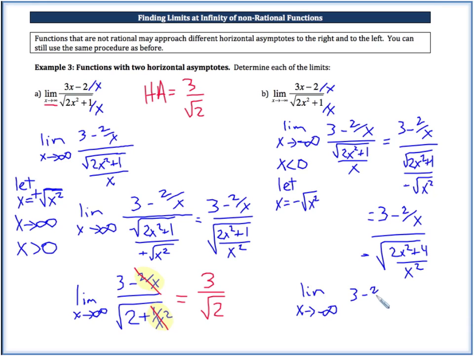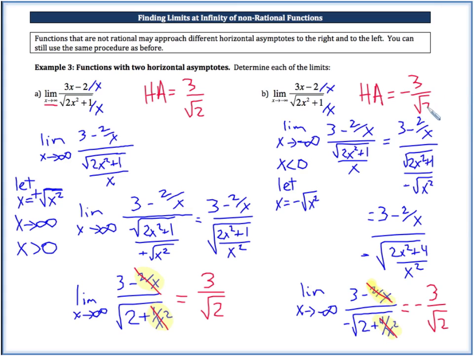We get 3 minus 2 over x over the negative square root of 2 plus 1 over x squared. Again, we can see these rational functions inside here are going to go to 0, so they basically cancel out, and in this case we're left with negative 3 over the square root of 2. So as we approach negative infinity, the horizontal asymptote is negative 3 over the square root of 2.